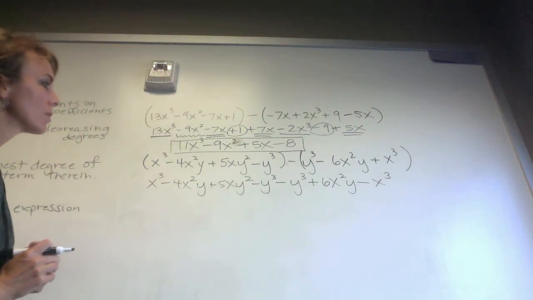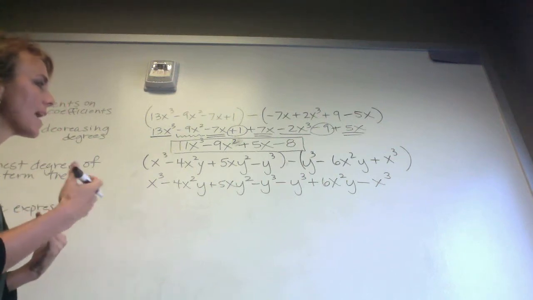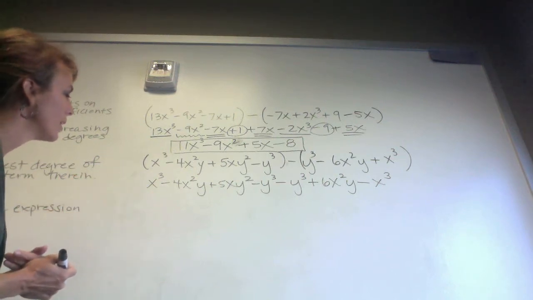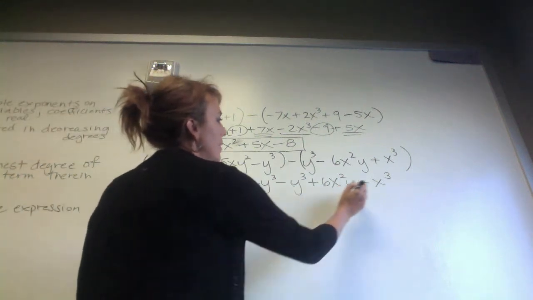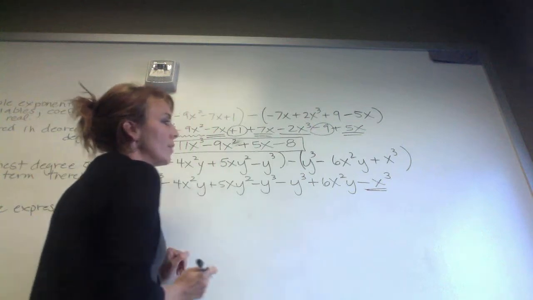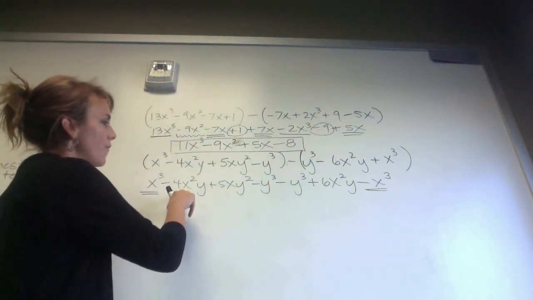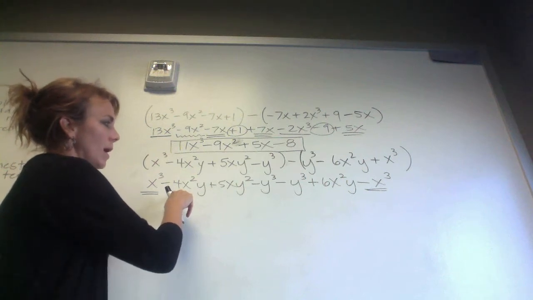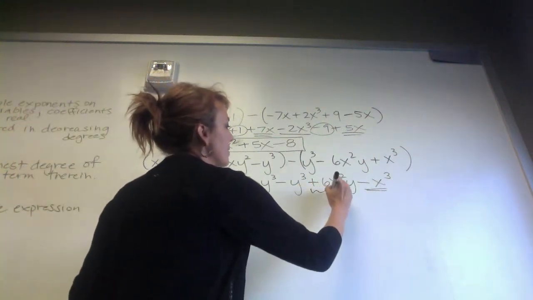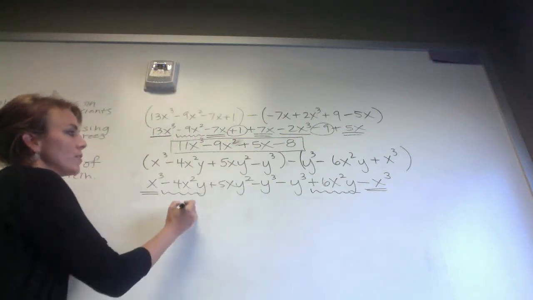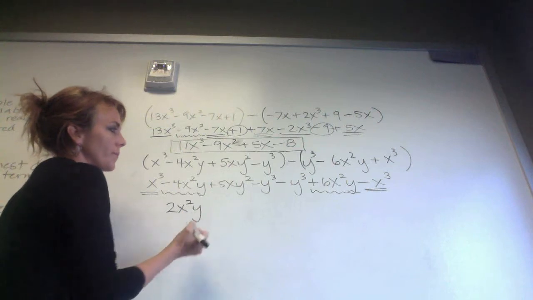So let's start with our x's, and we'll just go down in order here. So we've got x cubed and a negative x cubed. Those cancel out completely. Here I have a negative 4x squared y, and here I have a positive 6x squared y. So that would become just a positive 2x squared y.